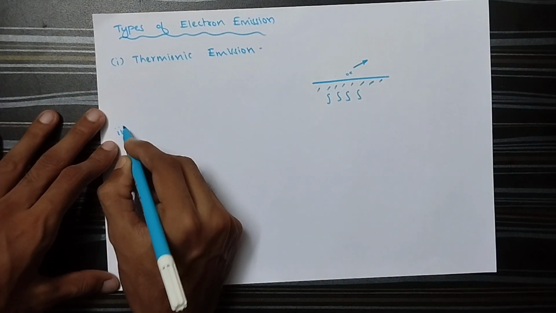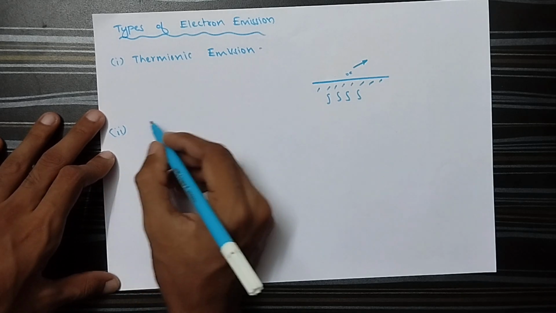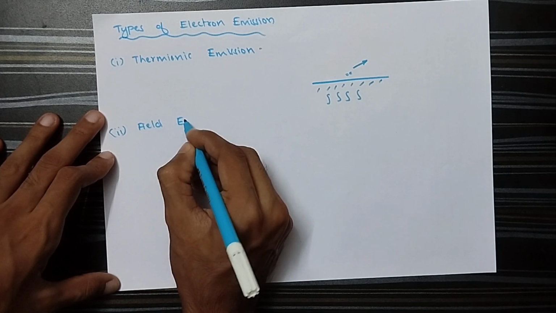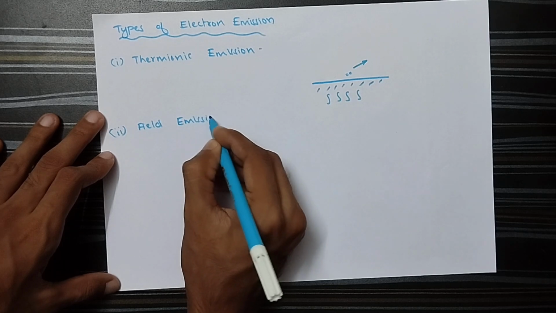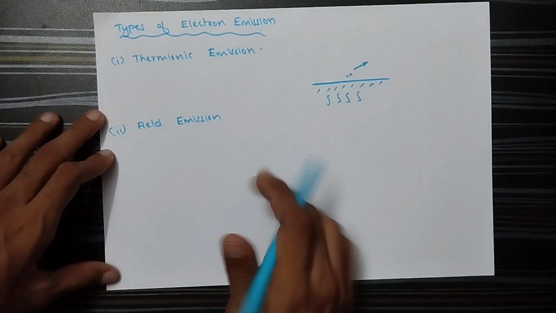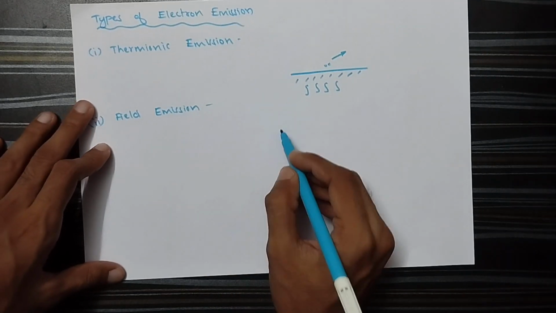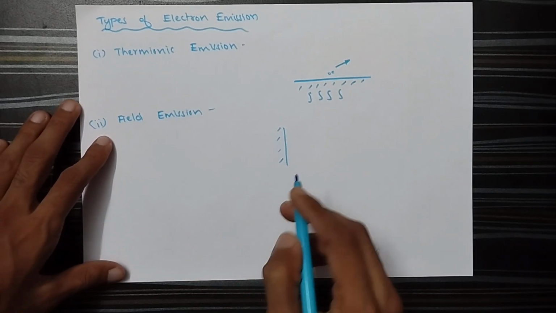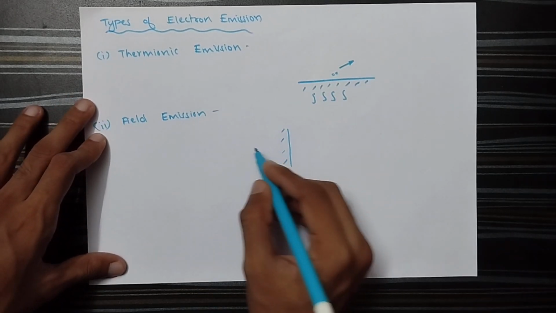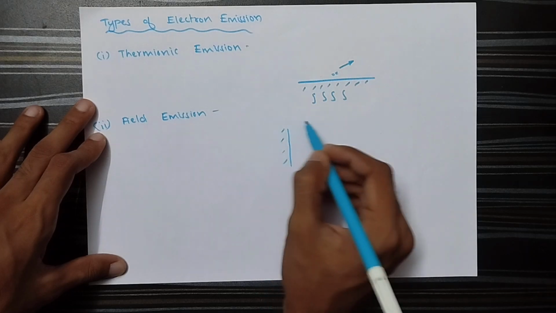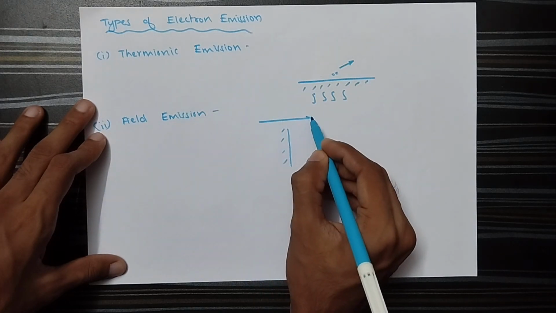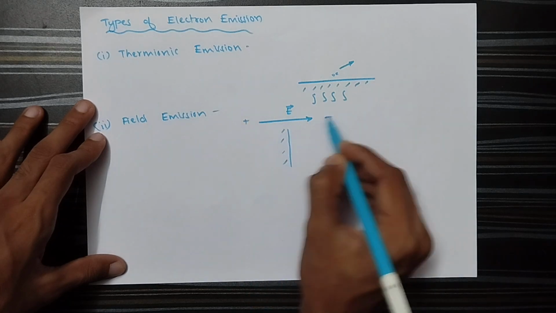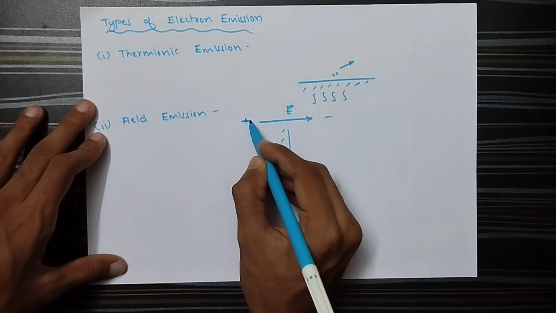And the second type is field emission. Field emission is when we have a metal surface and we apply an electric field E. We know the electric field goes from positive to negative; if not, just note it down.